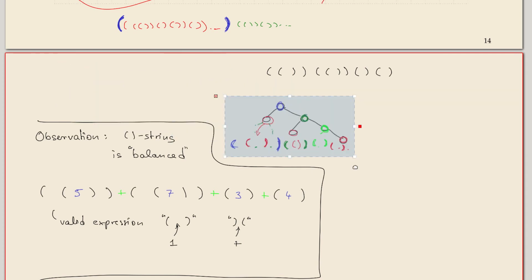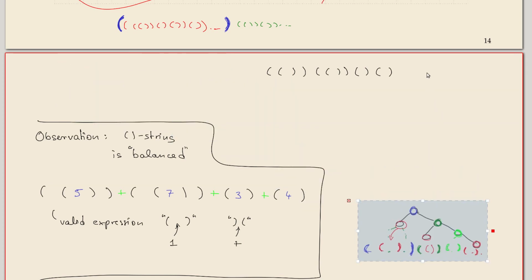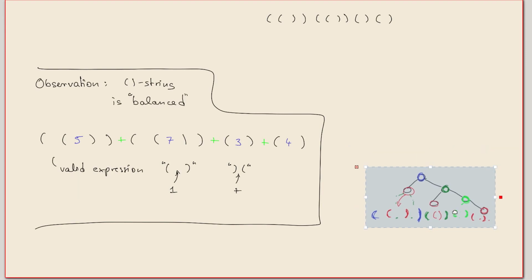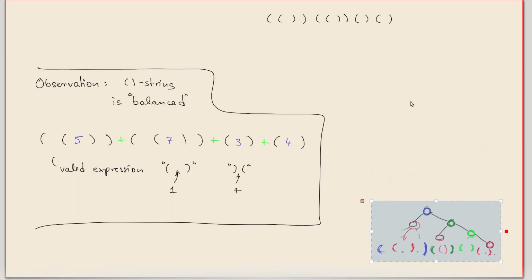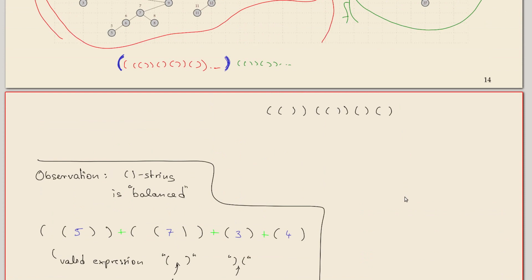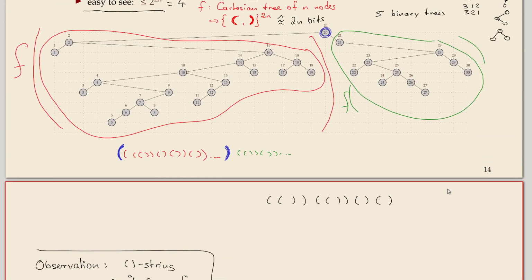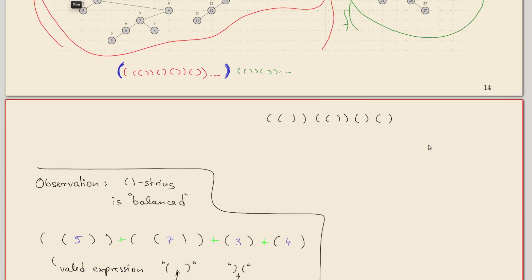Okay, now I grabbed everything. So let's put that down here, and let's pretend we don't know the tree and we try to reconstruct it. How do we do that?